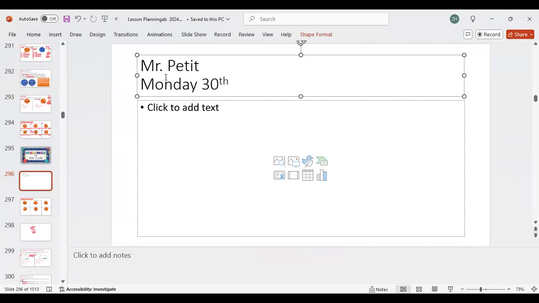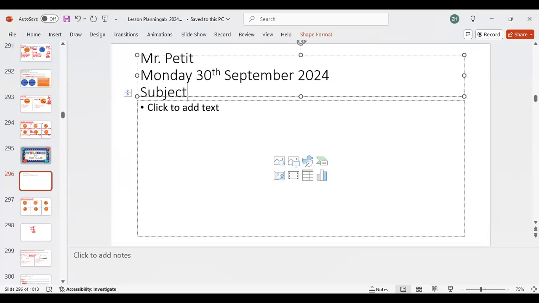So today is Monday, the 30th of September, 2024. Subject is, of course, English language. Everyone should be writing this down.